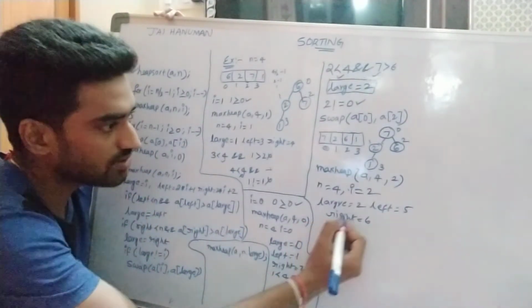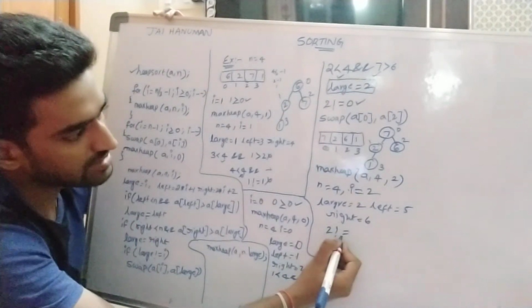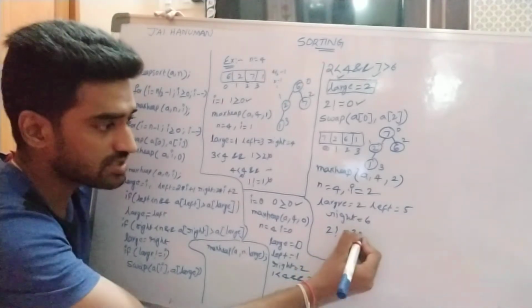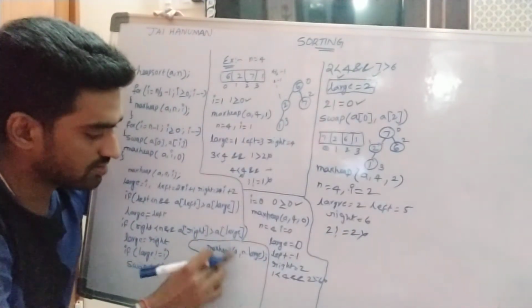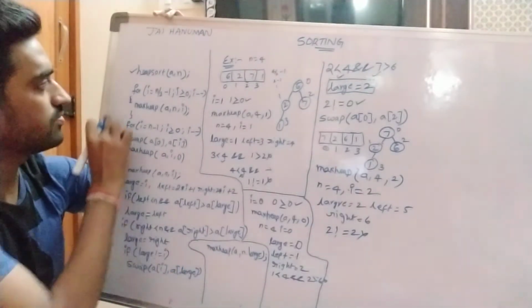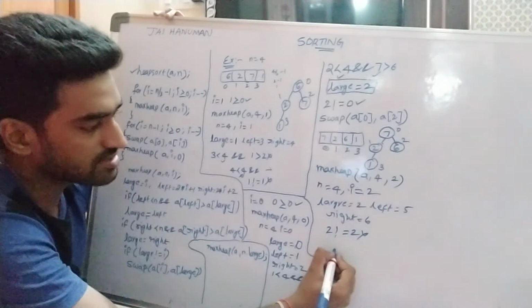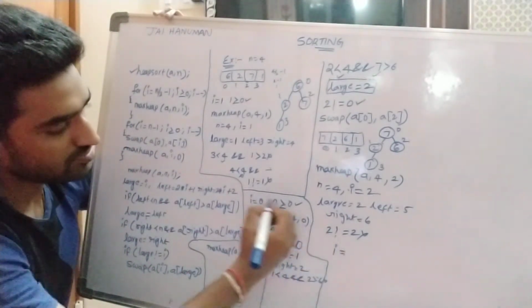Large not equal to I. So large 2 not equal to I. What is the I value? 2. 2 not equal to 2, the condition fails. So you cannot process these steps. The process has stopped and the control is passed to this one. Here I is decremented by 1. What is the previous I value? 0.